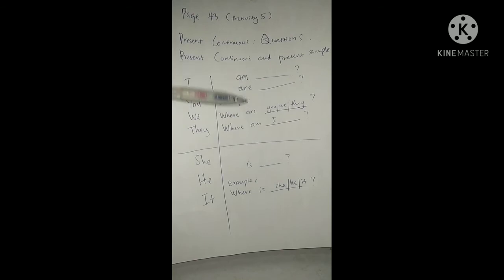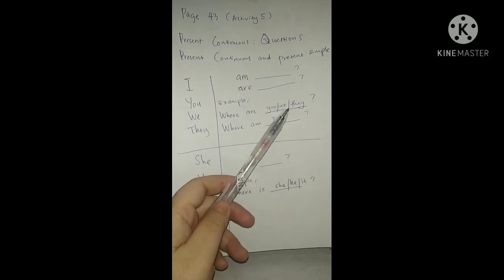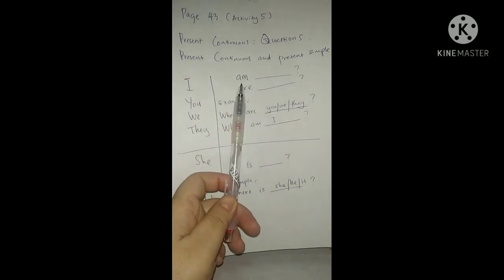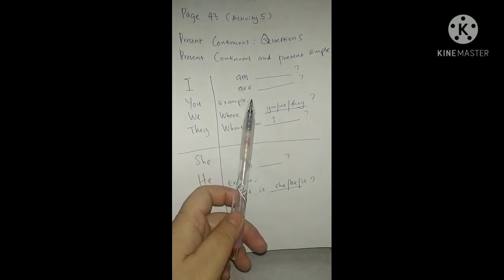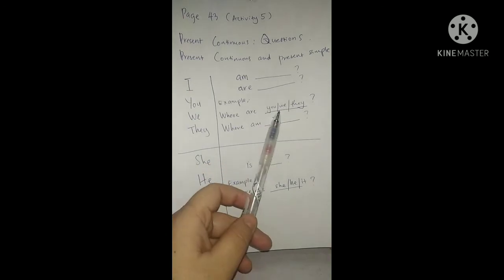For example, the name of people, the name of object, or the name of place. So the pattern is like this: WH question, verb to be, and pronoun or noun. If you don't have a WH question, you just put are or am first, and then pronoun or noun.